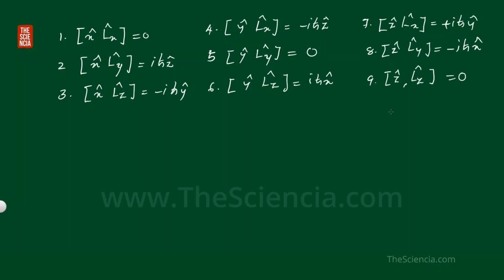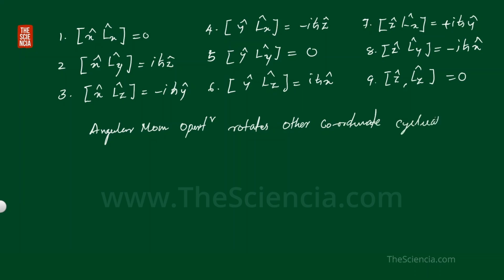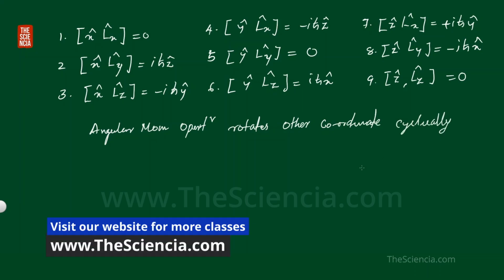So from these equations we can make some general ideas, that is the angular momentum operator rotates other coordinates cyclically. What is this meaning?